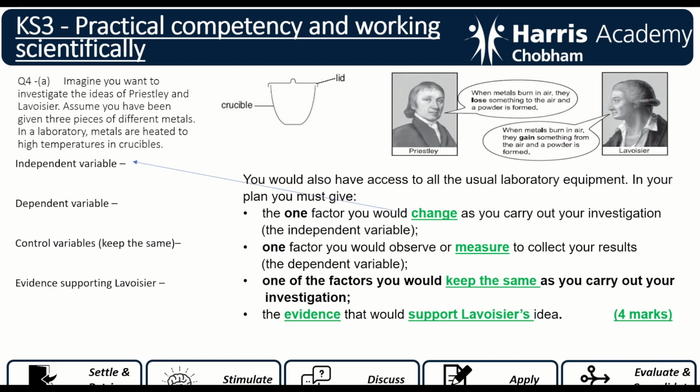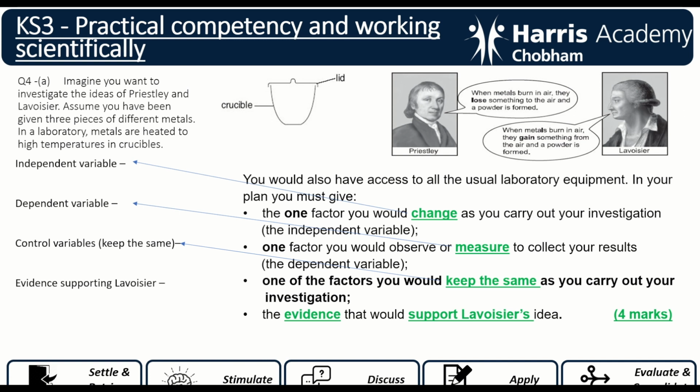So the first one, what you change, that's your independent variable, and then one thing that you observe or measure, that's your dependent variable, and then the factors you would keep the same as you carry out your investigation. They're your control variables. Now, you may have previously called this fair test, or to keep it a fair test, but the right terminology for you to use now is control variables, and those are the things that you keep the same.